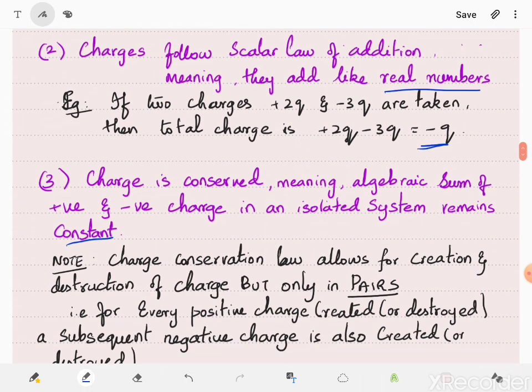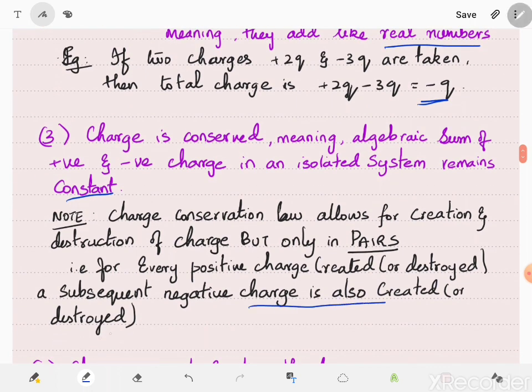What I mean to say is, for every positive charge created or destroyed, a subsequent negative charge is also created or destroyed. One can see this happening in a phenomenon called pair production.